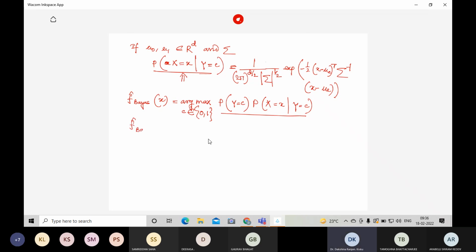When f of x is found to be 1, that means the class density belongs to a particular class 1. Since we are talking about two classes, one is the negative class 0 and the other is the positive class 1.